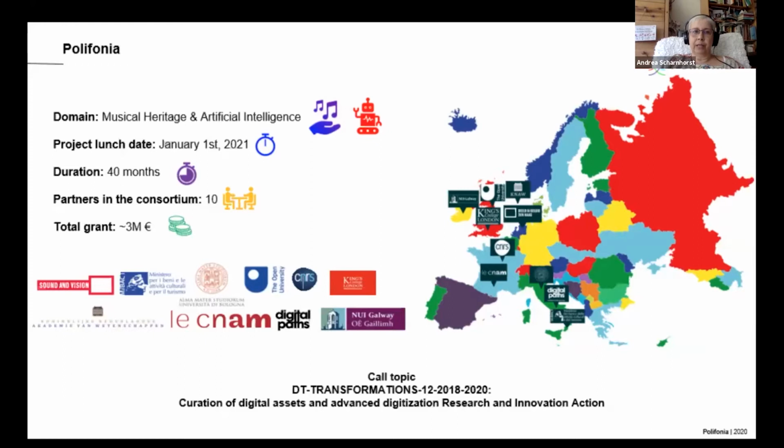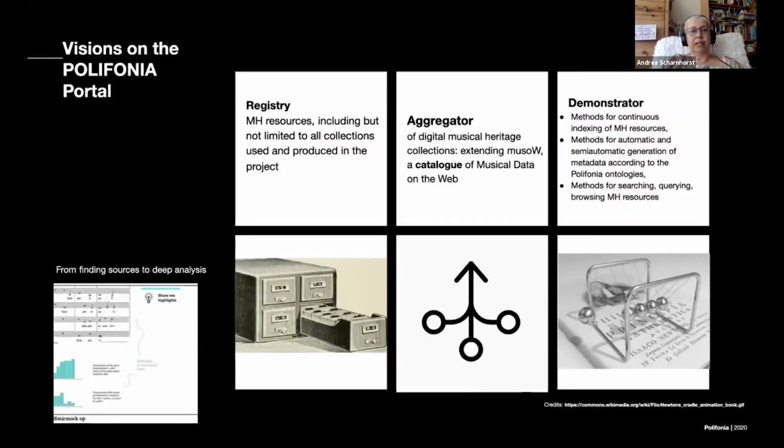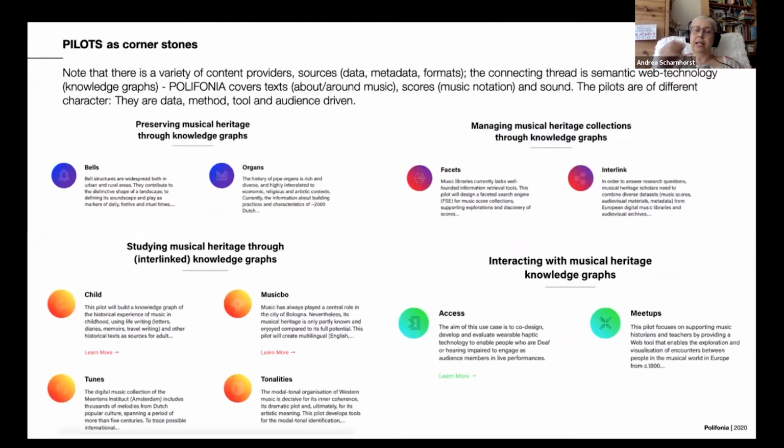Polyfonia is a Horizon 2020 project. It has 10 consortium partners. You see the details here, you know these kinds of slides. So it is semi-middle concerning the size of the budget. And it is quite complex. Polyfonia is built from pilots, and its focus is to give better access to musical heritage.